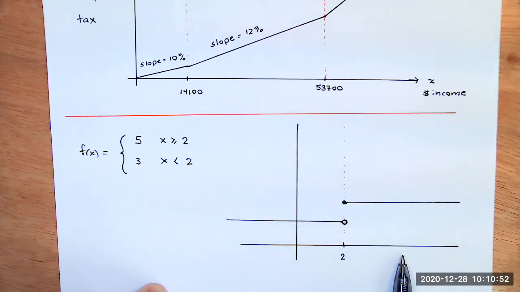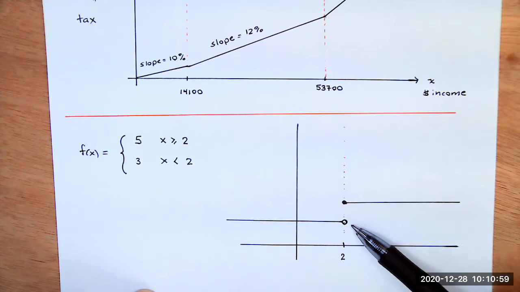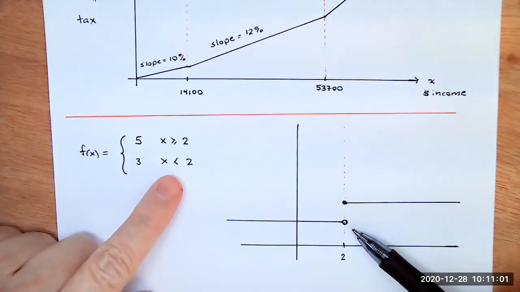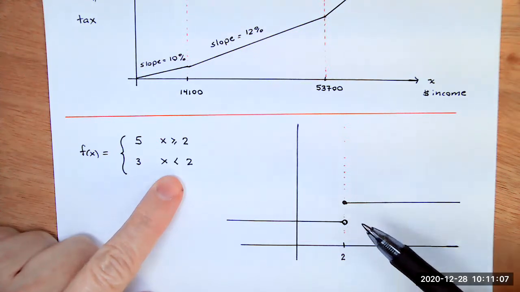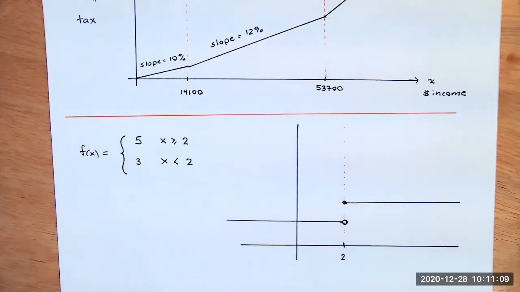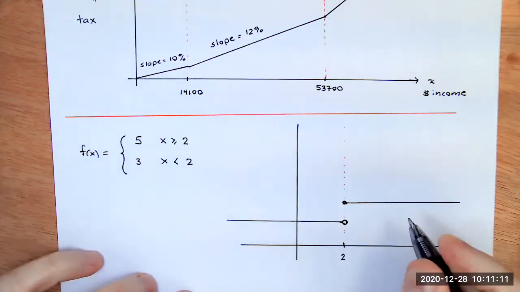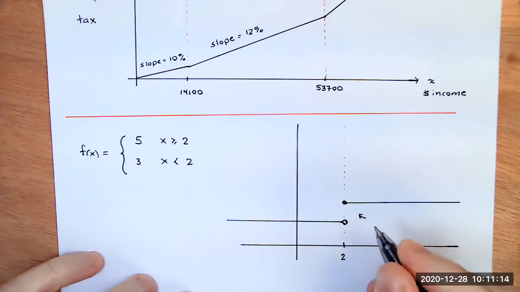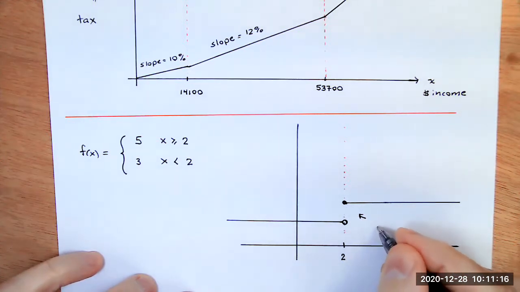And for this part, x greater than 2, f of x is 5. You'll notice there's an open circle here because x is strictly less than 2, so that point is not included in the solution set. And this one is a closed circle. We talked about this in the last section, but this little jump in the graph is called a discontinuity.